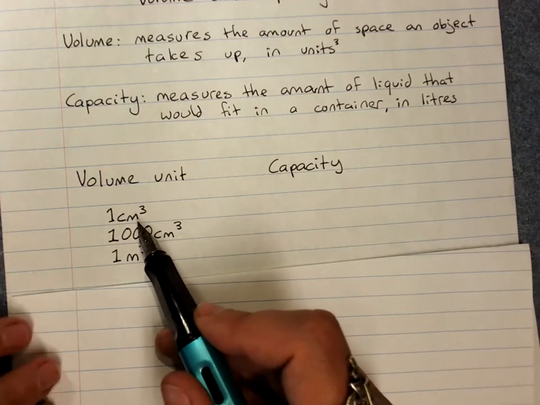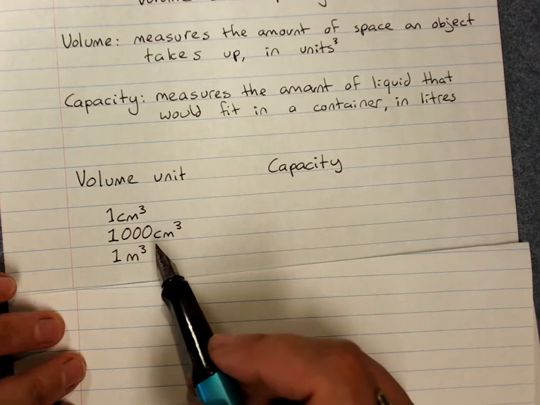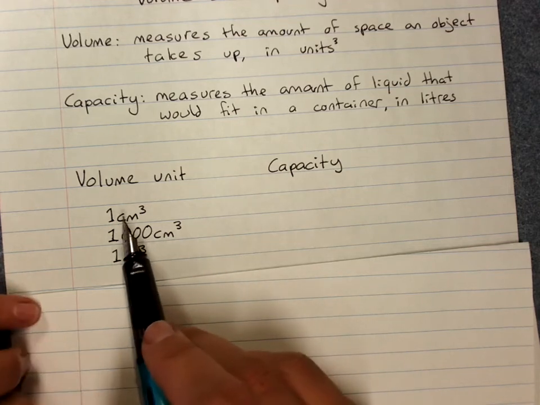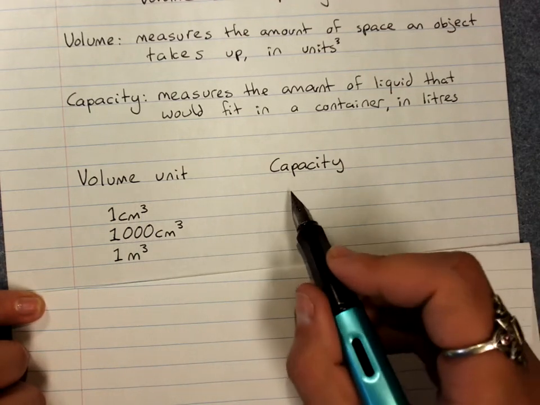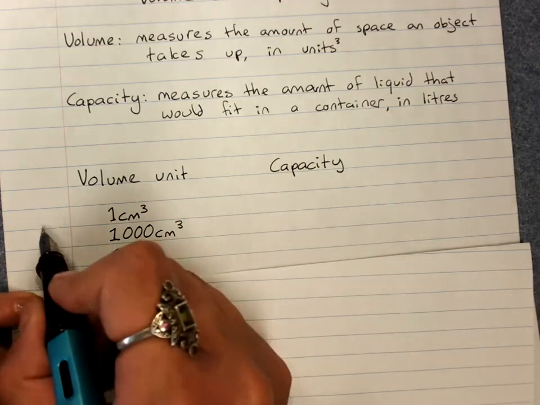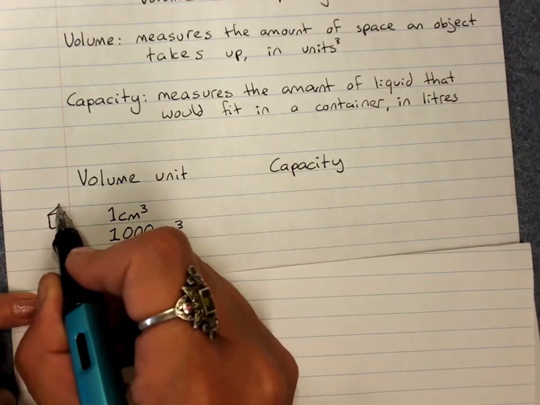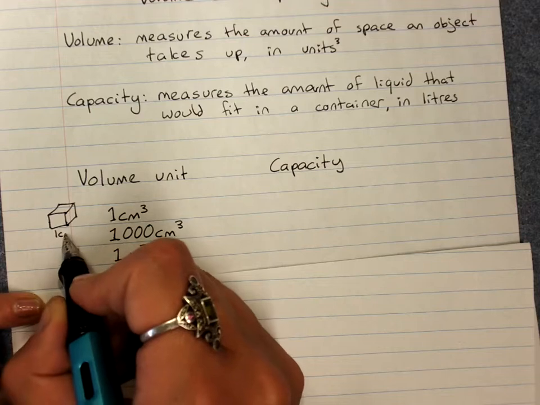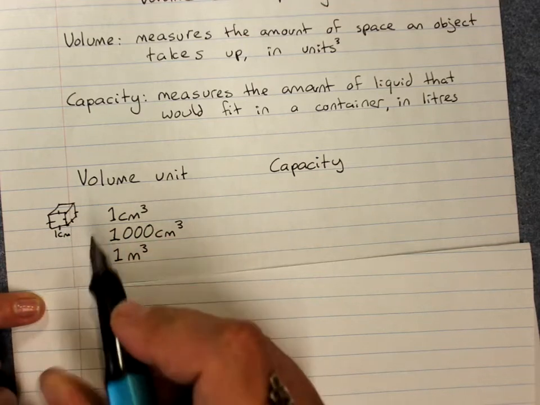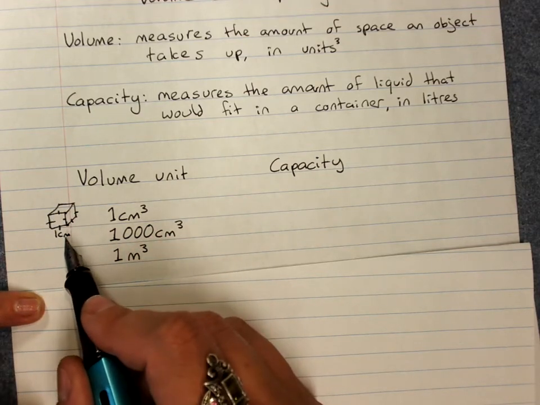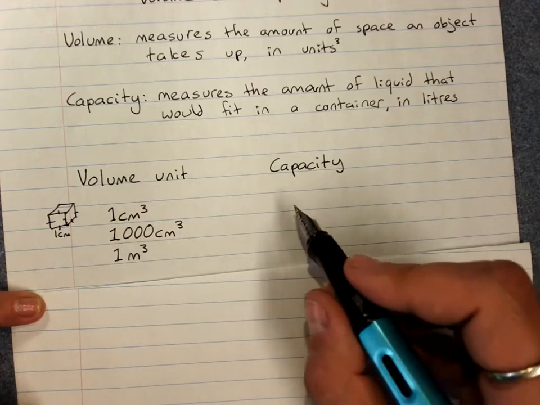So volume is measured in units cubed, and it's really useful. 1 centimetre cubed, if I had a container that was a cube of 1 centimetre lengths, so quite small, that would hold 1 millilitre.